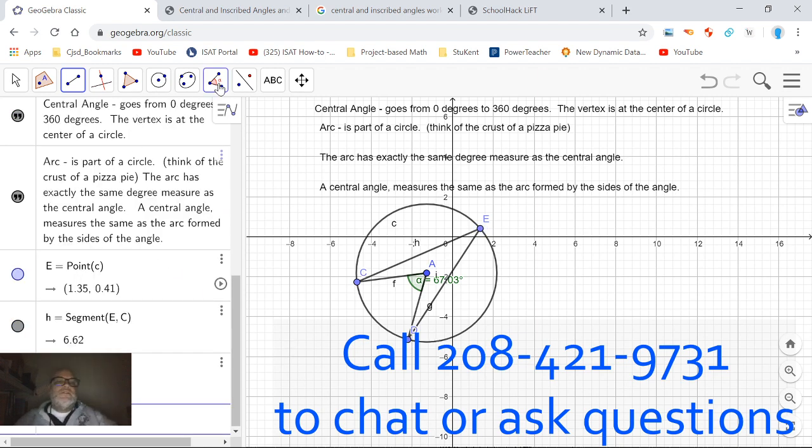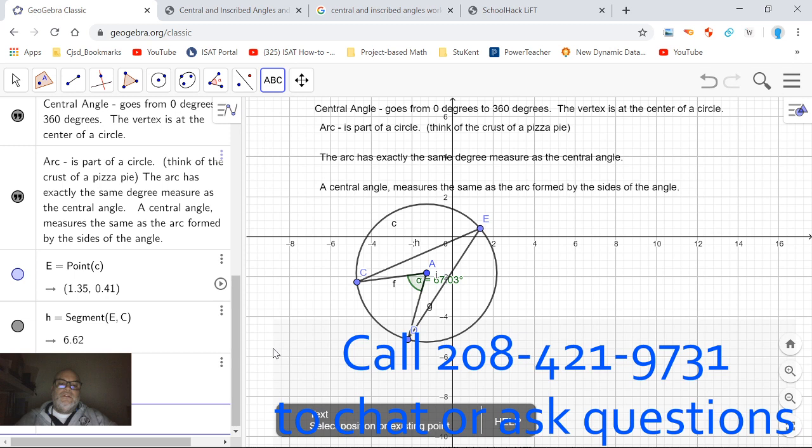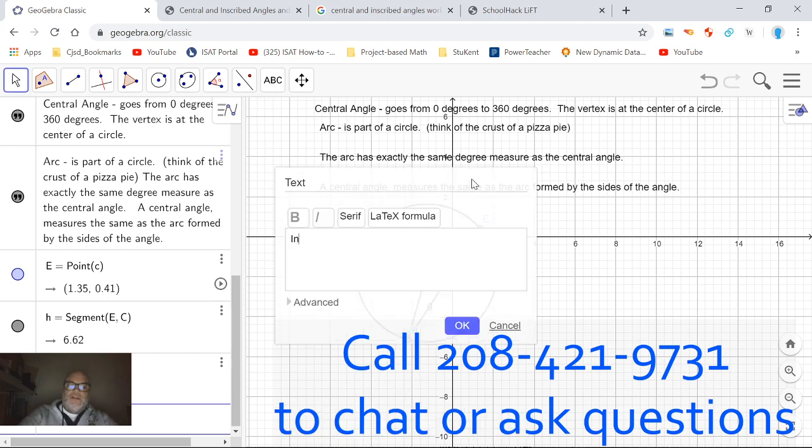So let's get that written down here: inscribed angles, the vertex is not at the center, but on the circle. So think about that.